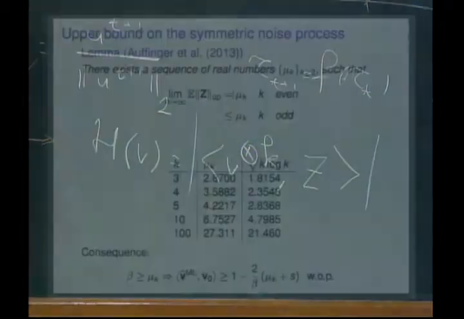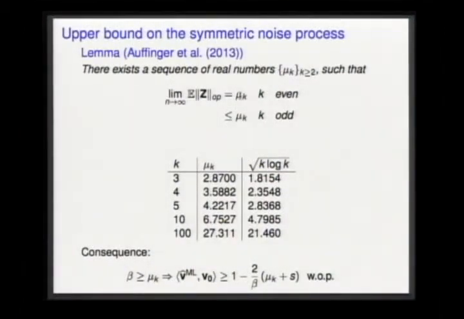This is going to be characterized by a sequence of real numbers that grows as square root of k log k. So if k equals 2, we get the value 2 that we already knew. But when k gets larger, we get a sequence that grows as square root of k log k, and here I computed the precise values of this sequence.